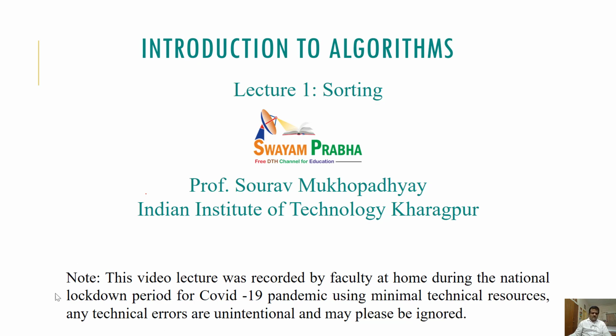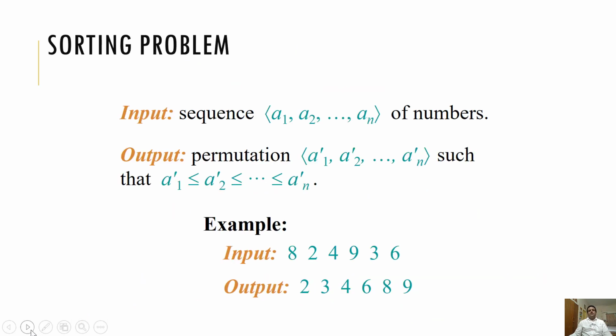So, let us start with what we mean by a sorting problem. In the sorting problem, we are given a sequence of n numbers a1, a2, ..., an, and we need to sort it. That means we need to find a permutation, a rearrangement of these numbers, a1 prime, a2 prime, ..., an prime, such that they are sorted.